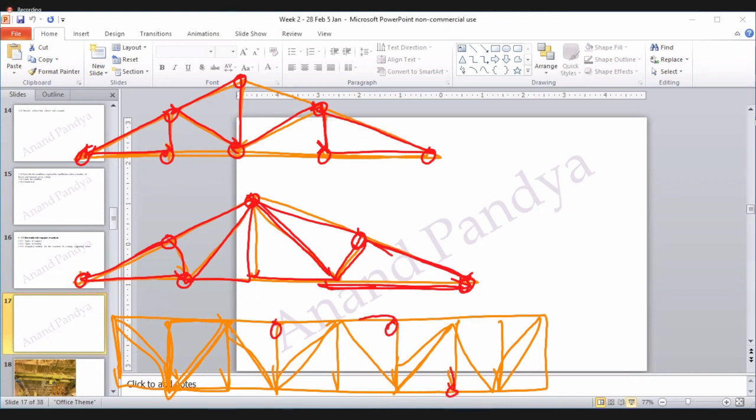Now, at every pin joint, all the members meet at one particular point over here.